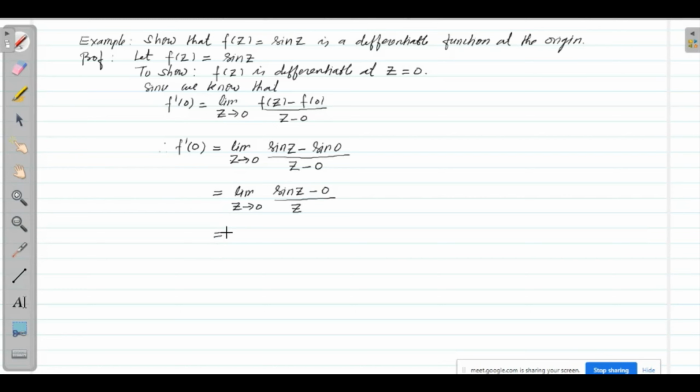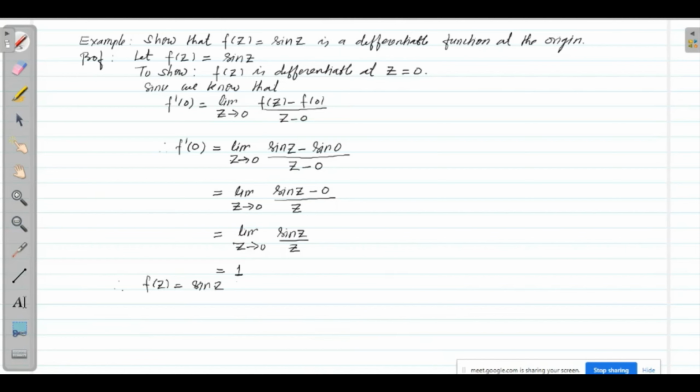So this is limit z tending to 0 of sine z by z. But we know that limit x tending to 0 of sine x upon x is 1. So this is equal to 1.